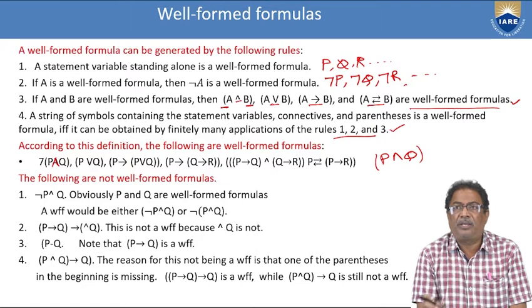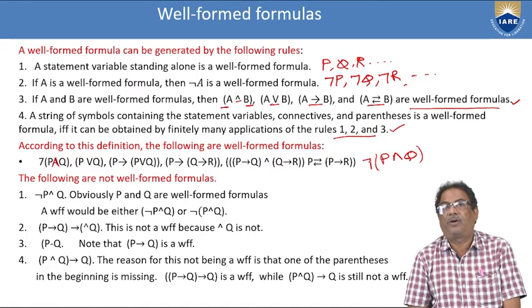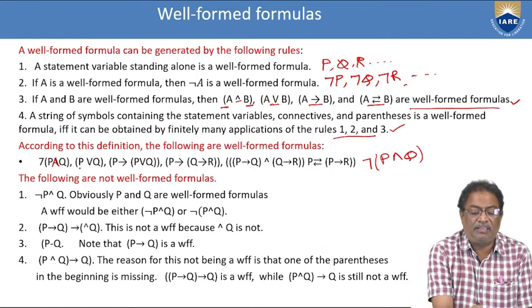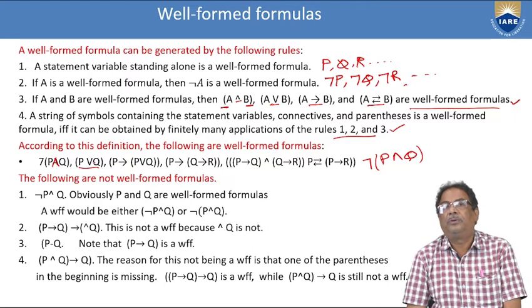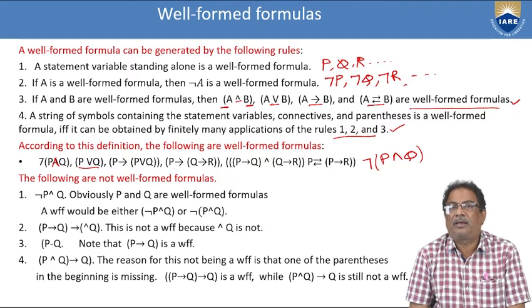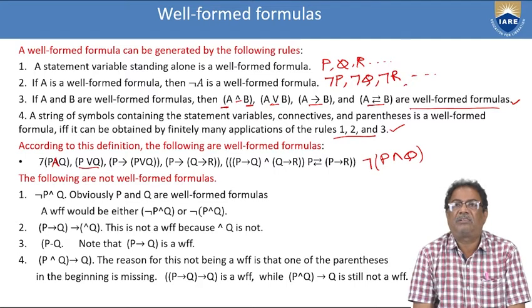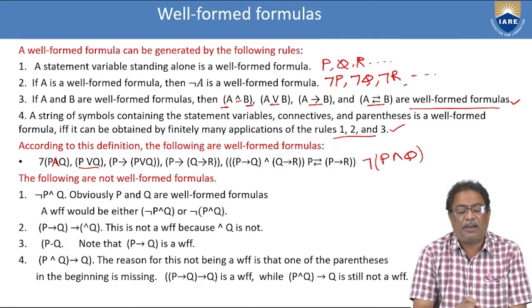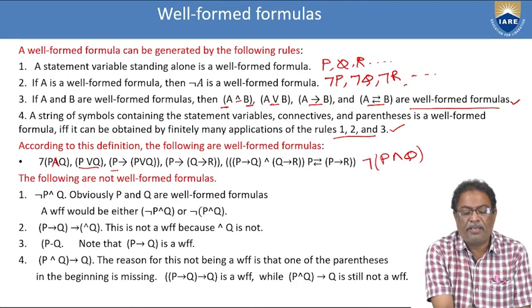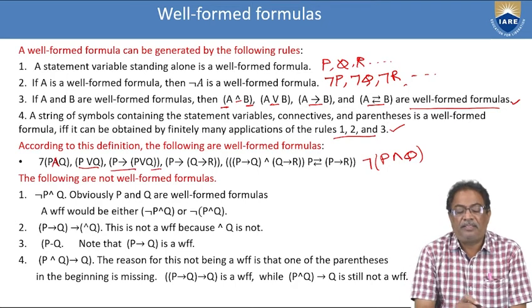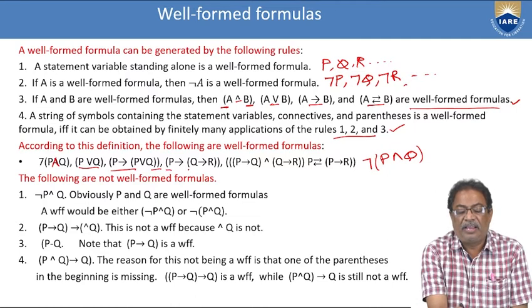Whenever P and Q is a well-formed formula, the negation of the well-formed formula is again a well-formed formula. Another one is P or Q. P and Q are both well-formed formulas, and we combine them, so it is also a well-formed formula. The opening and closing parentheses are matched, so we can say that these are all well-formed formulas.